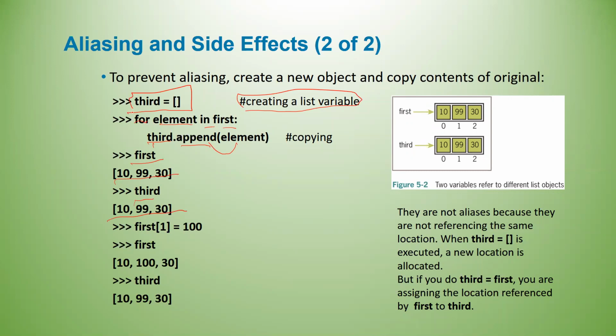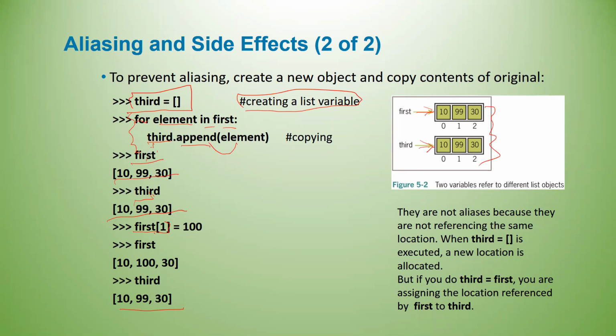So you are copying the elements to third. Now you have 2 different list variables. They are not referencing the same memory address. They are referencing 2 different addresses, and therefore they are 2 different lists. So when you change the index 1 element of first, it's not affecting the elements in third. Does that make sense, everybody?